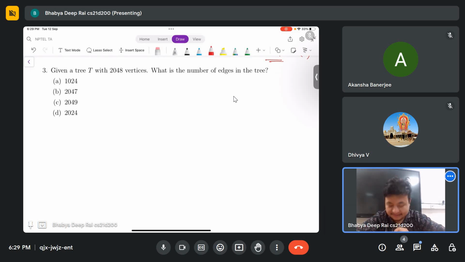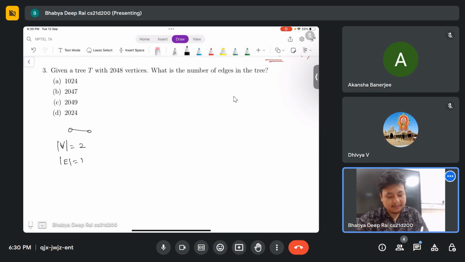Let's just see a tree with two vertices. Number of vertices is 2.